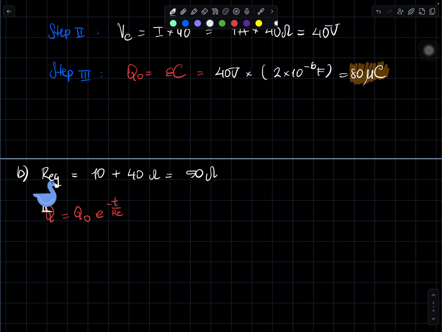So our Q is 0.10 multiplied by Q initial, which equals Q initial e to the minus t over 50 ohm multiplied by 2 microfarads.